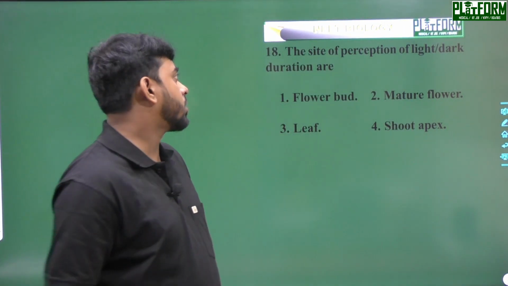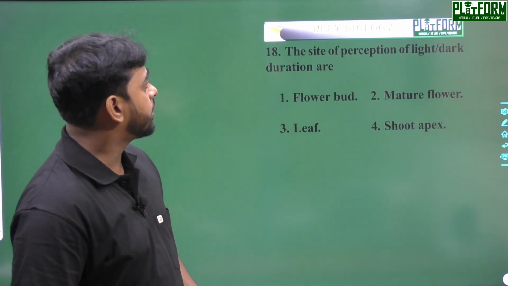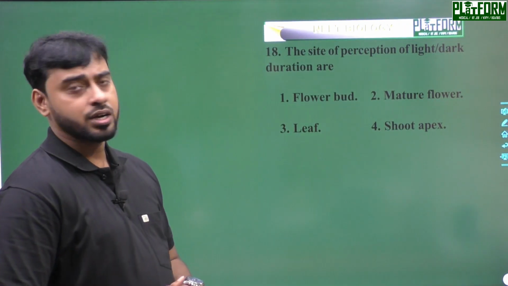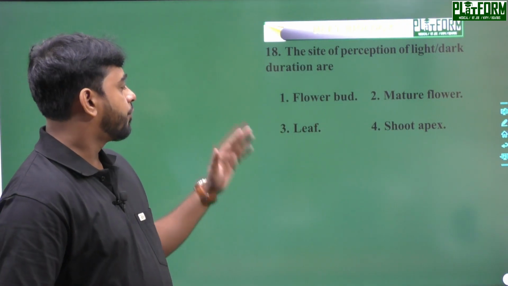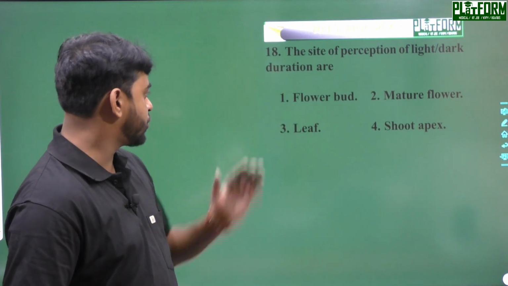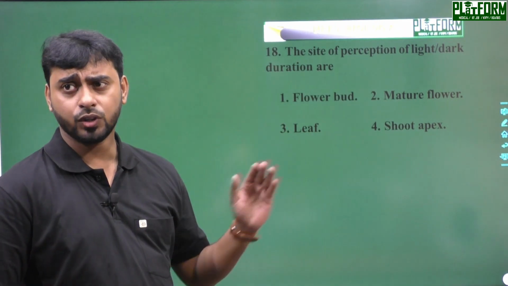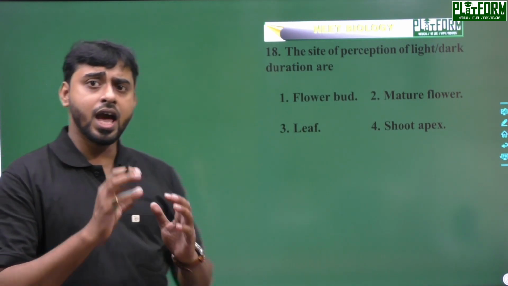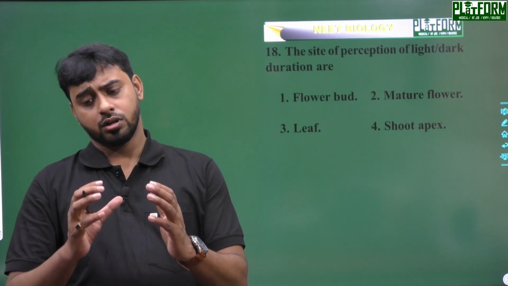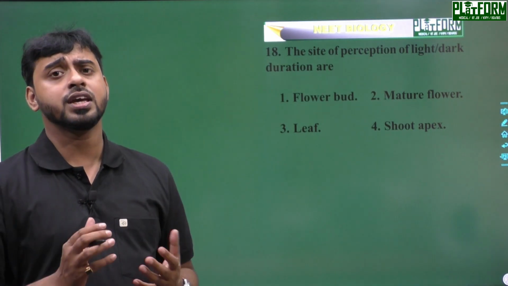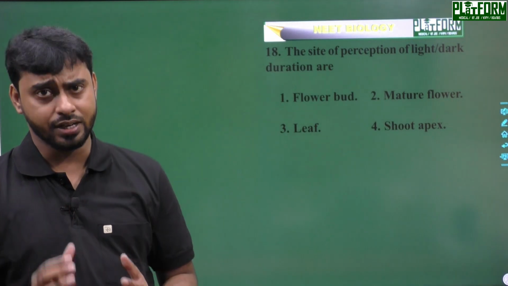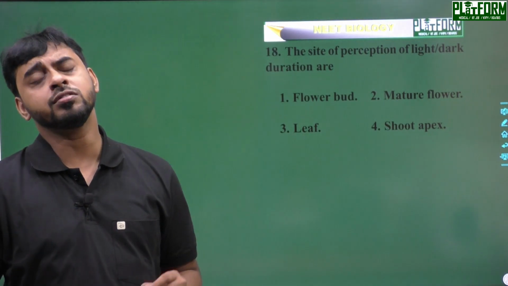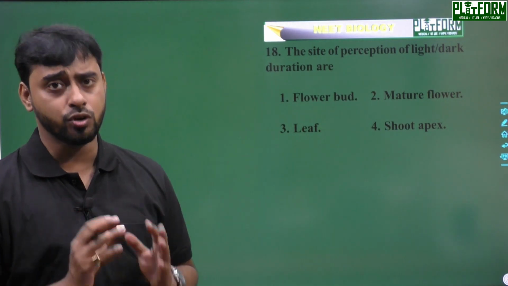In this particular question, it is written that the site of perception of light or dark duration are flower bud, mature flower, leaf, shoot apex. We know that the plant is able to respond to appropriate light and appropriate darkness, and this response is considered as photoperiodism.